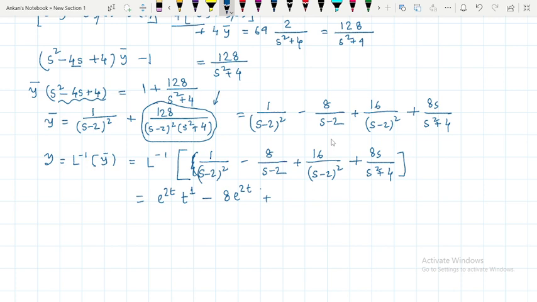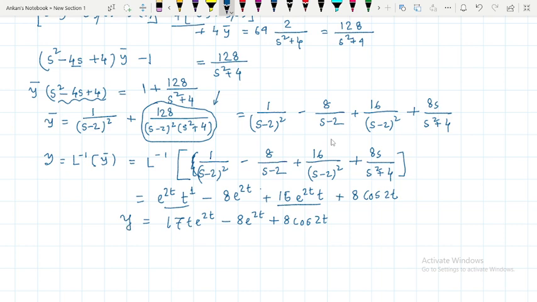Plus 16 into Laplace inverse of 1 by s minus 2 whole square, which is the same thing as this, plus 8 into s by s square plus 2 square means cos of 2t. So this and this get summed: 17t e to the power 2t minus 8 e to the power 2t plus 8 cosine of 2t.